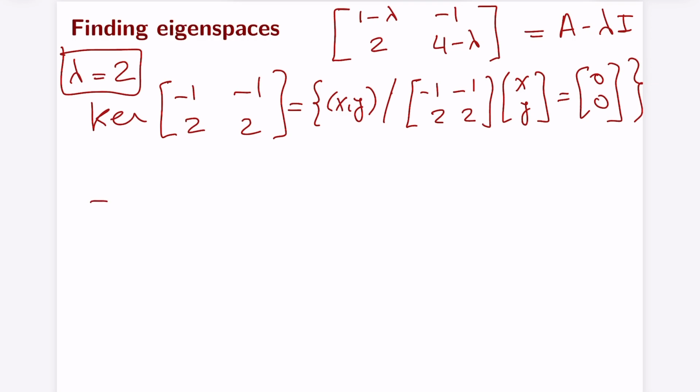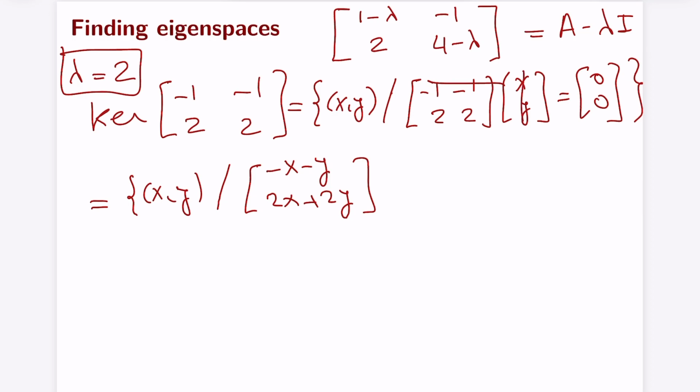By doing the operation here, we get that this is the set of x, y such that, let me put it as columns as is written there, this is minus x minus y and 2x plus 2y.